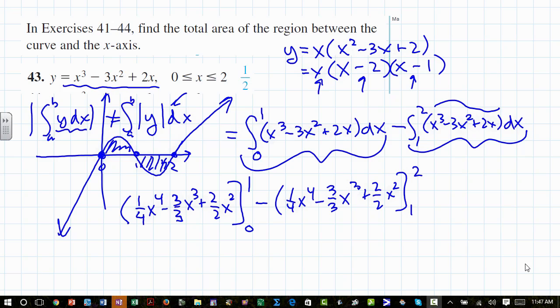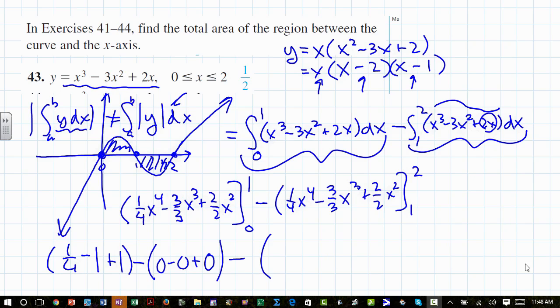I just wrote 2/2 to make sure that you can see the process that I was using to find the antiderivatives of these. I was increasing the exponent by 1 and dividing by that power. So I'm going to get from this section 1/4 minus 1 plus 1 minus 0 minus 0 plus 0. That's a 0.